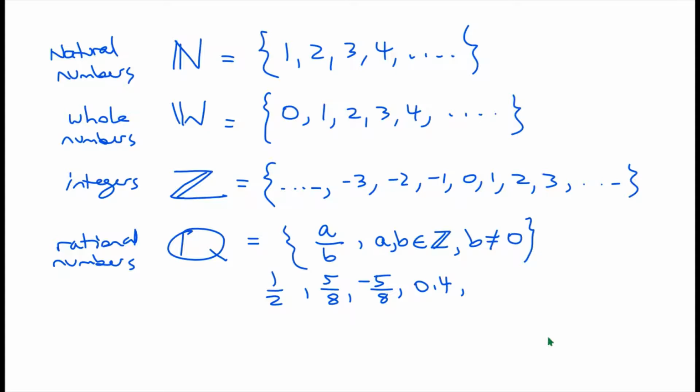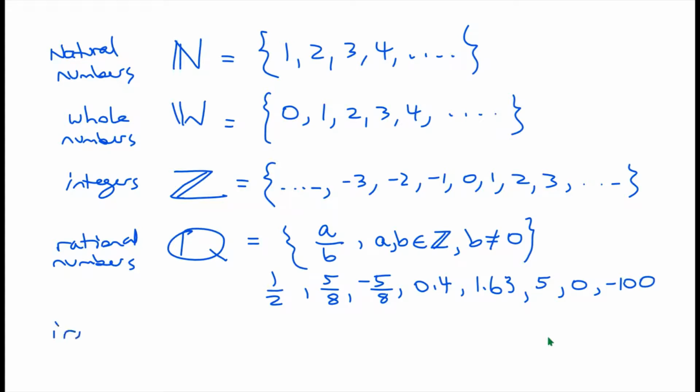What else? 1.63, because that's just 1 and 63 hundredths. Also, whole numbers are rational numbers, so like 5 is a rational number because it can be written as 5 over 1, and 5 is an integer. 0 is a rational number because it can be written as 0 over anything. -100 is a rational number, and so on.